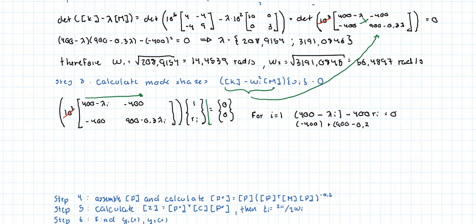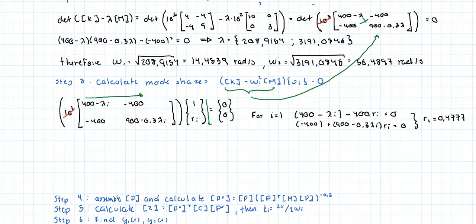...0.3 lambda sub I, all of that times r sub I is equal to 0. Both of these will give you r sub 1 equal to 0.4777.